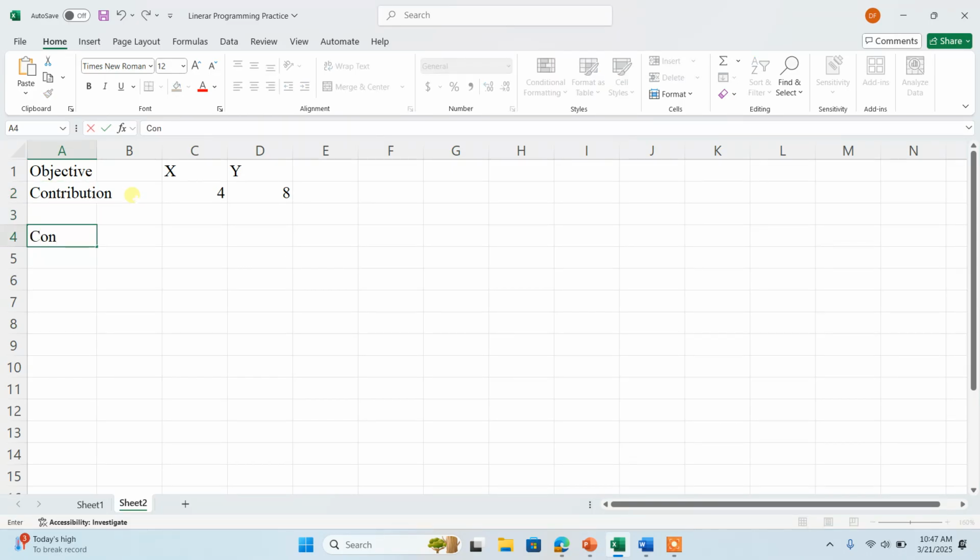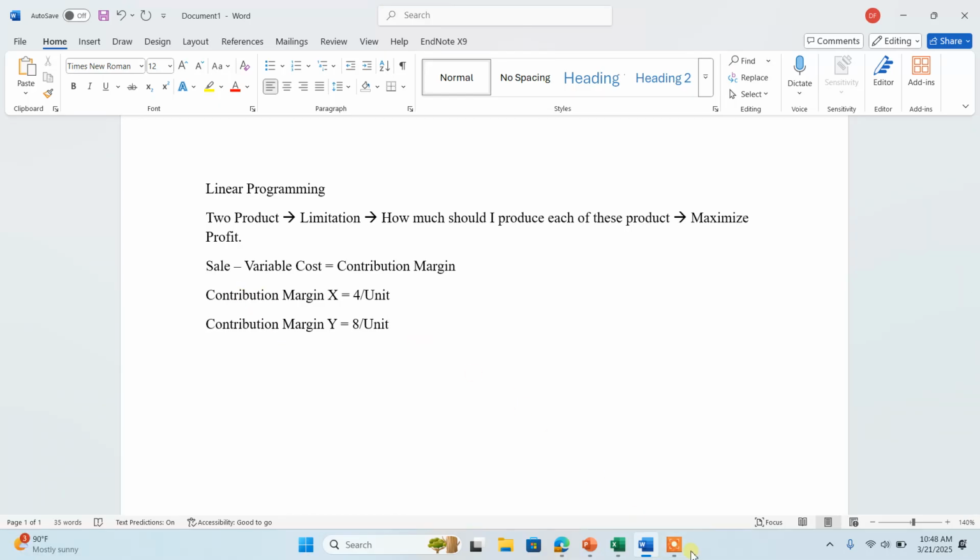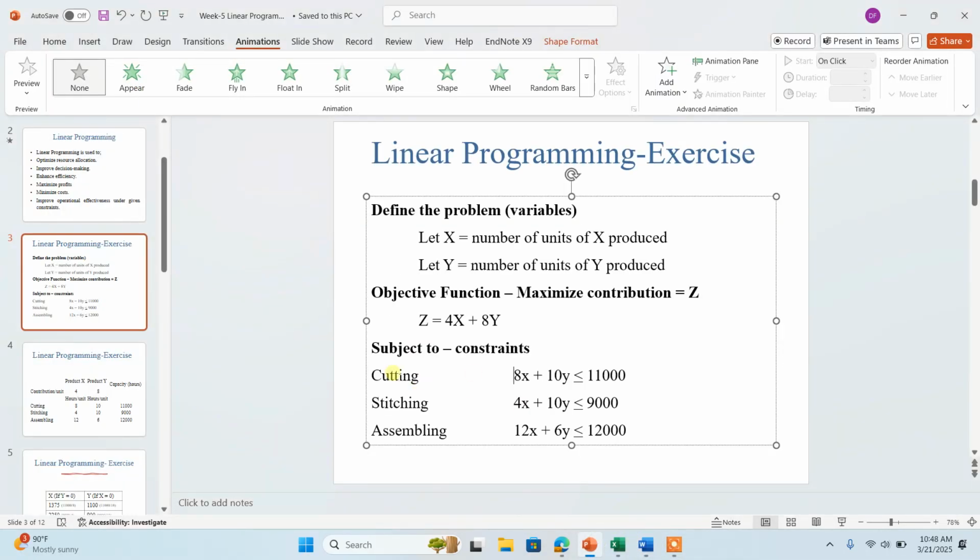What are the constraints? Constraints are: I have three departments. This is the cutting department.